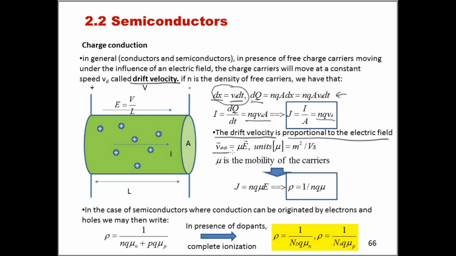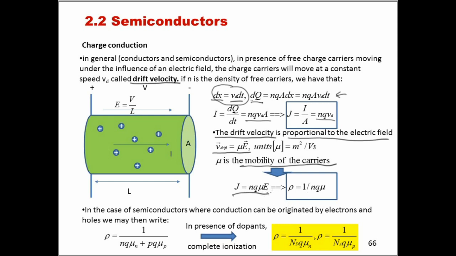So Vd is equal to μ times E, where μ is a constant that is characteristic for that material, and is called the mobility of the carriers. Obviously we will have mobility for electrons and mobility for holes. So by substituting, we obtain that J is equal to n q μ E.